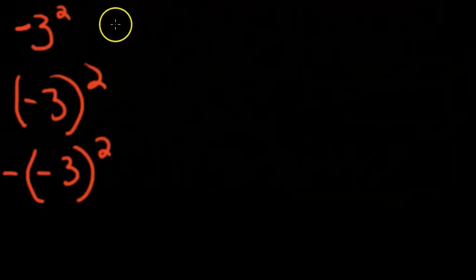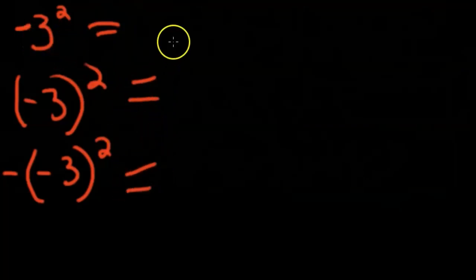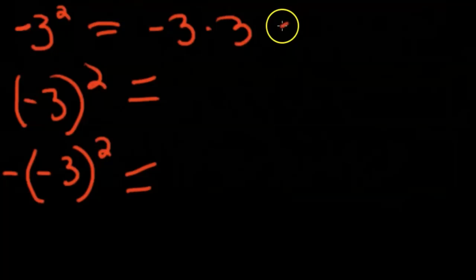So how do we go about these problems? Well, negative 3 squared is negative 3 times 3, which is a negative 9. Negative times positive is negative.